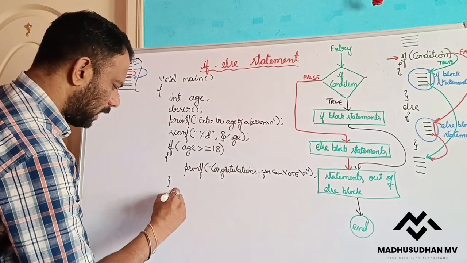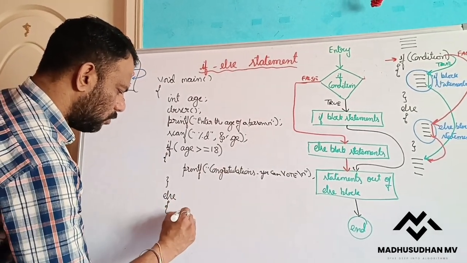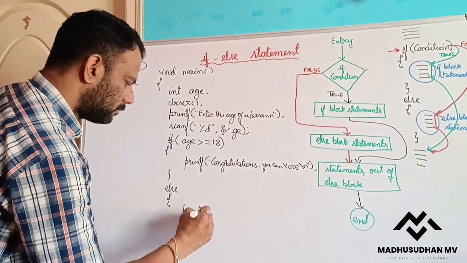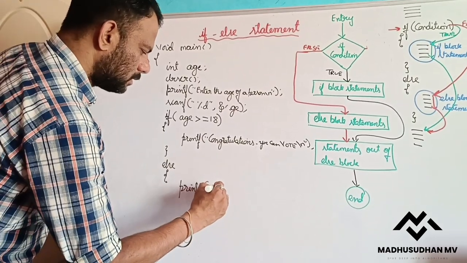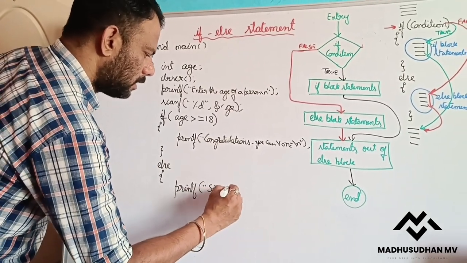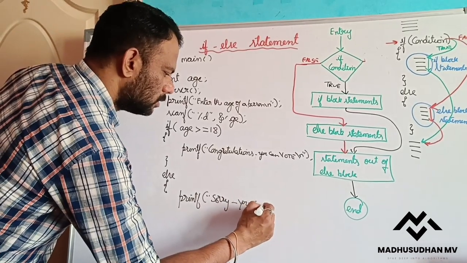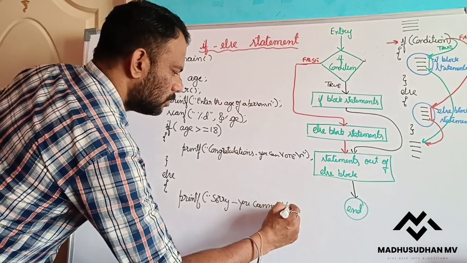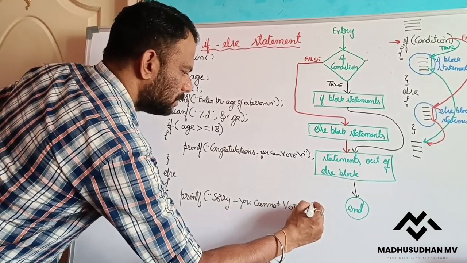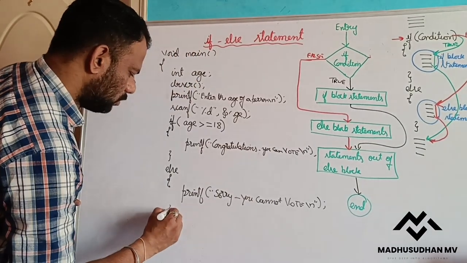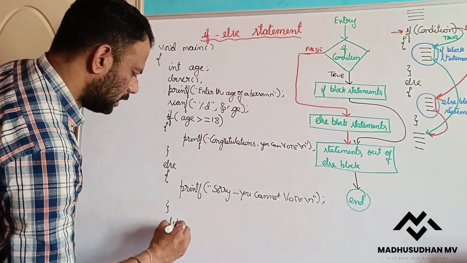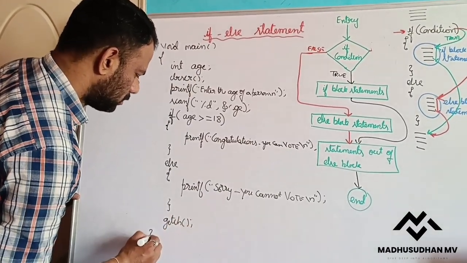Else, again else is a keyword, I use printf: "Sorry, you cannot vote." This is the message I want to print. So this is only one statement. As usual, getch.